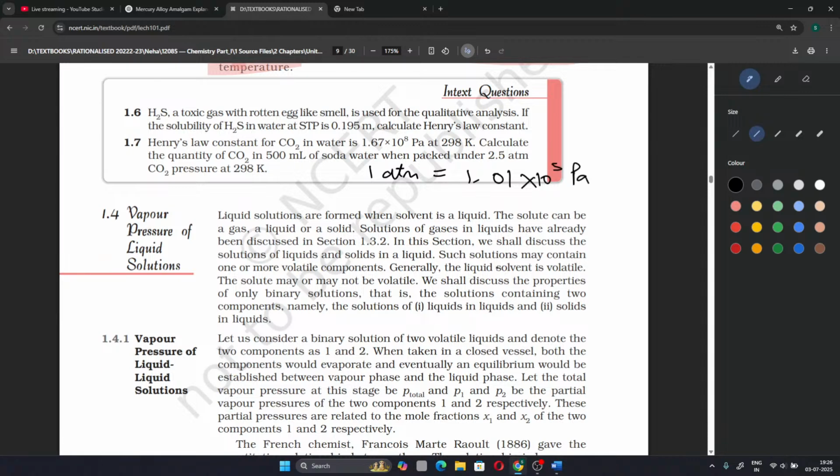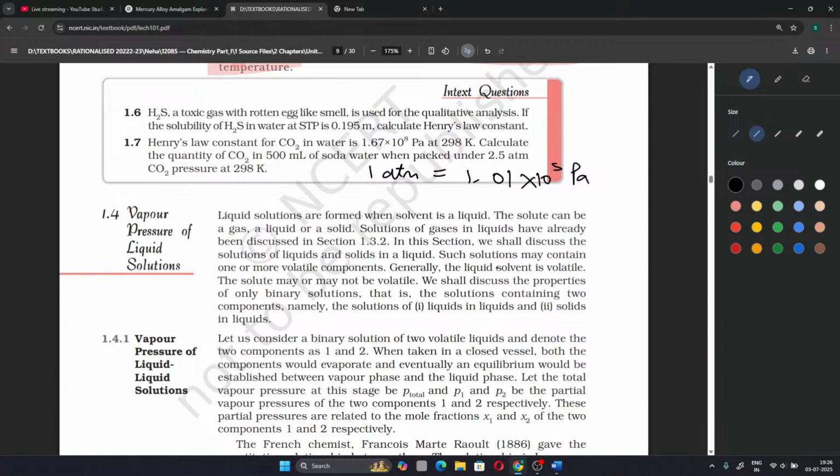This is a conversion. So 1.67 into 10 power 8 pascal at 298 Kelvin. Then when we convert into atm, the pressure should be around 167 atmosphere.